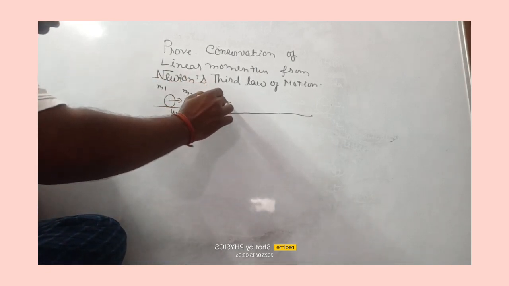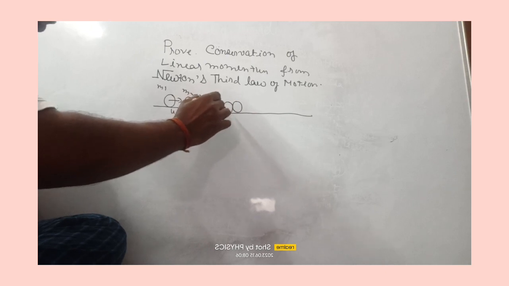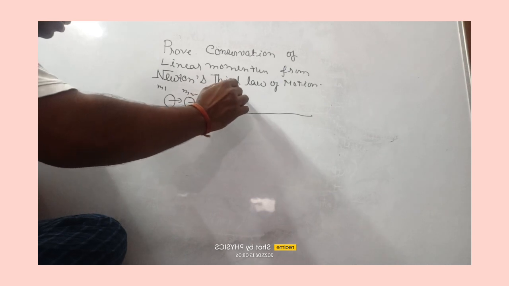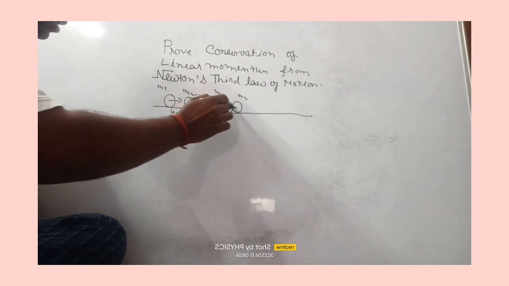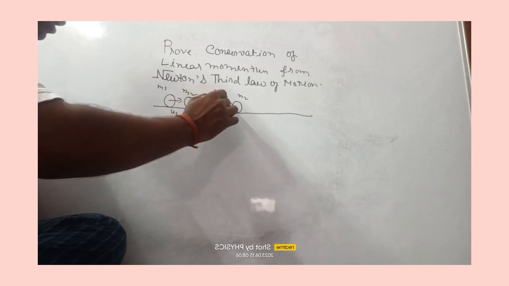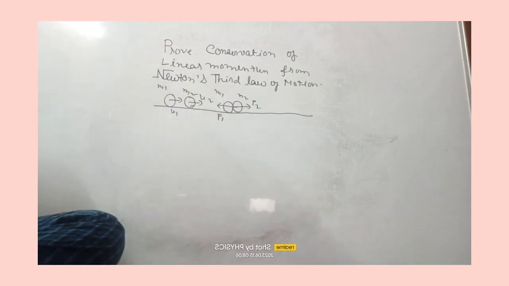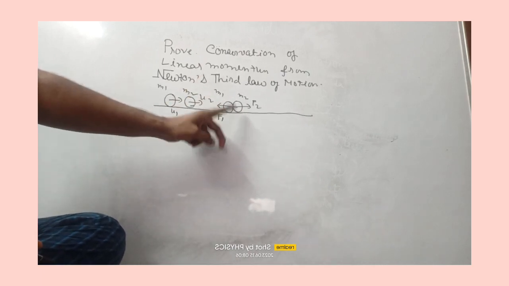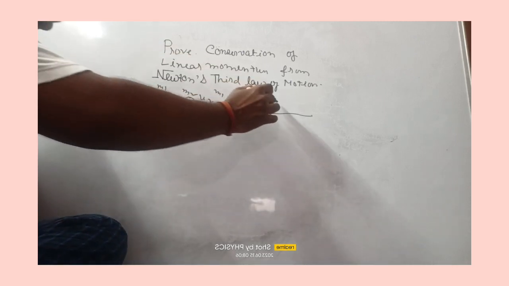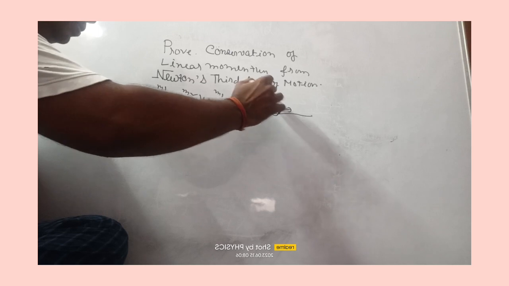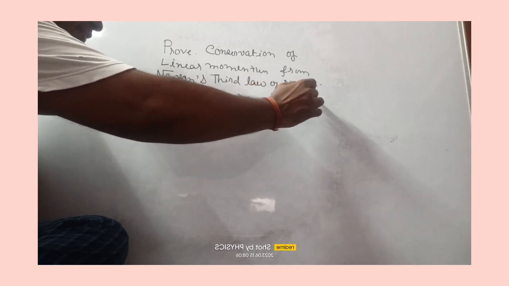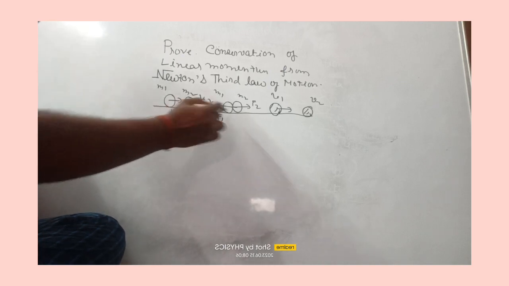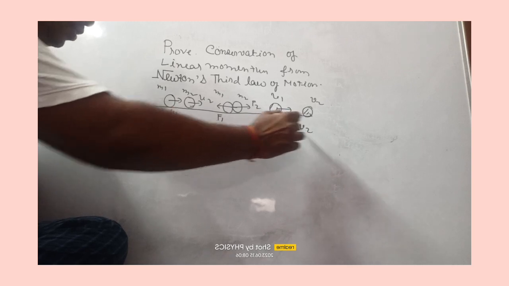And here the collision happened, and in the collision there is an impulsive force. Here the force is F1 and here the force is F2. That is, the second object gives the force F1 on m1 and m1 gives the force F2 on m2. And after collision, the velocities become v1 and v2. Here u1 is greater than u2, so the collision happened and v1 is greater than v2.